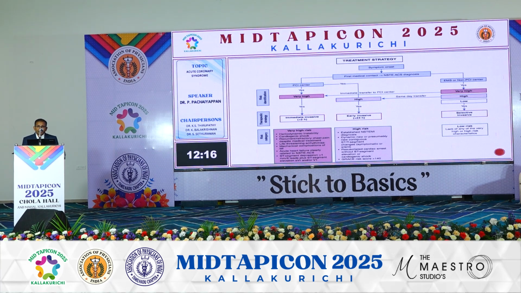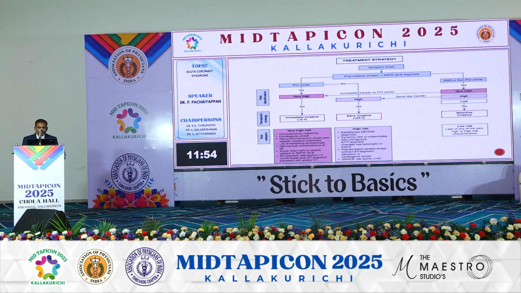And based on the high risk, very high risk patient, we can go for aggressive invasive therapy. That is, aggressive invasive therapy is in the sense, immediate invasive therapy, within 2 hours we have to take him to the cath lab, if the patient is having cardiogenic shock or malignant arrhythmias, post-cardiac arrest or ST elevation, like that.